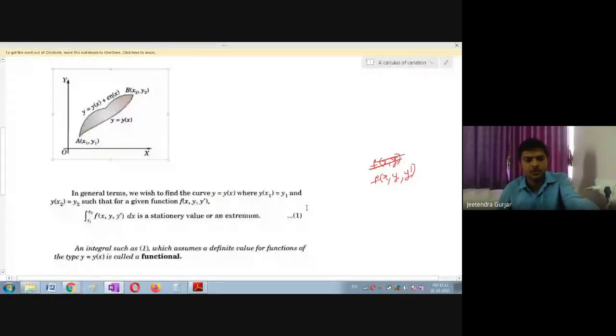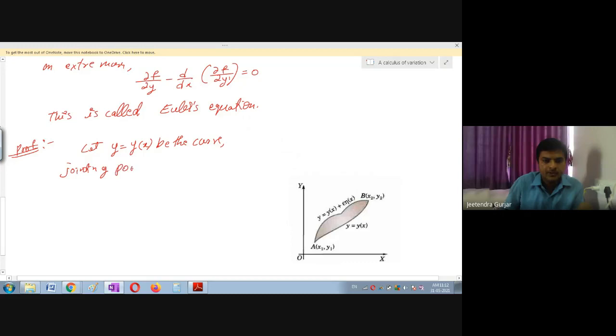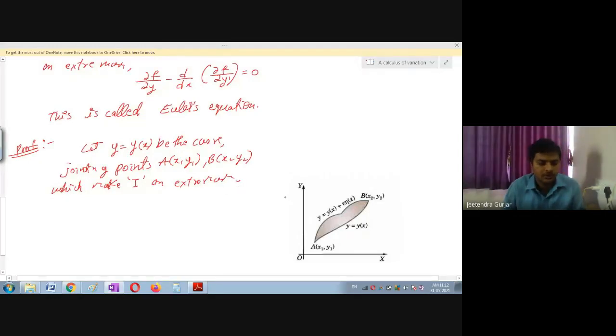So you have to draw this graph here, joining the points A of x1, y1 and B of x2, y2, which makes the integration, that is I, function extremum. Right, this is all we are using, the definition of functional.